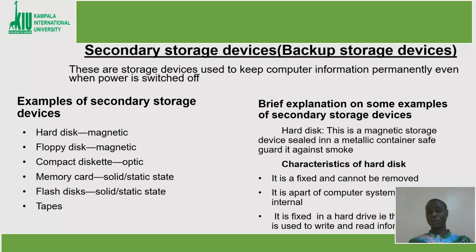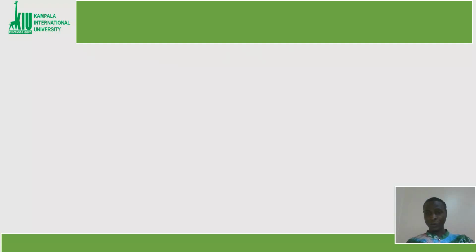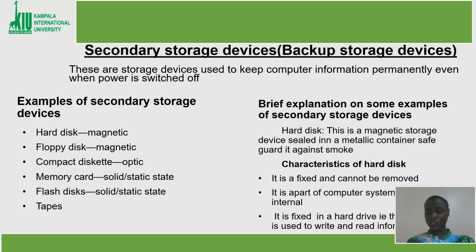This is a magnetic storage device sealed in a metallic container, safeguarding it against smoke or any obstacle that can damage or harm it. Next, I'm going to give you the characteristics of hard disks.